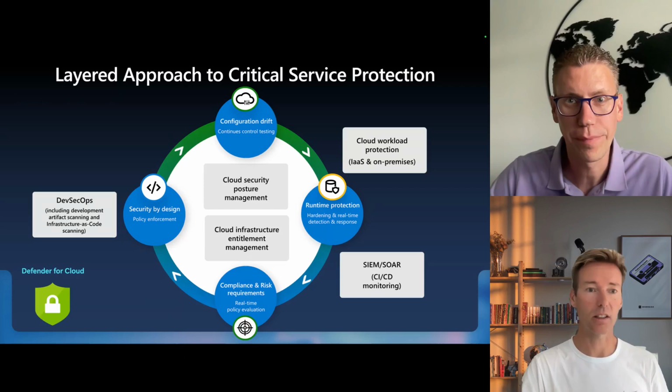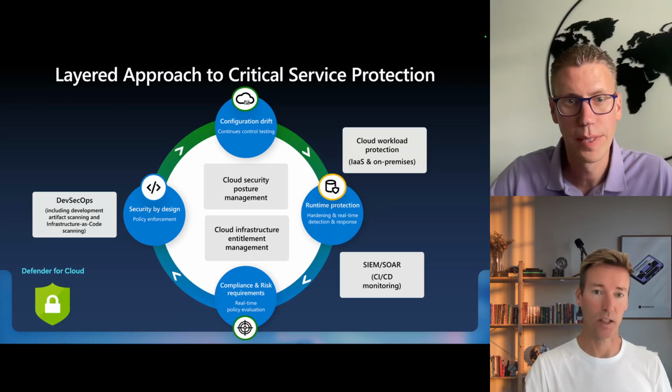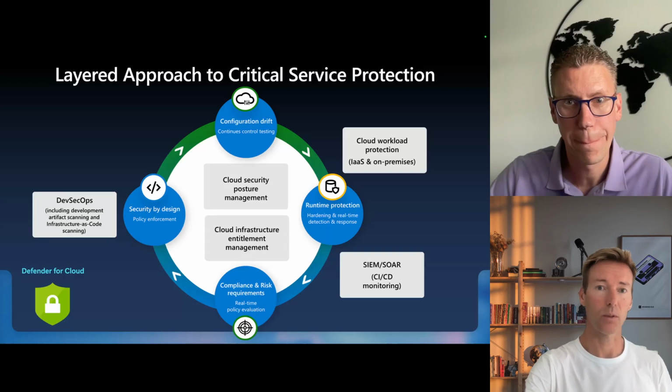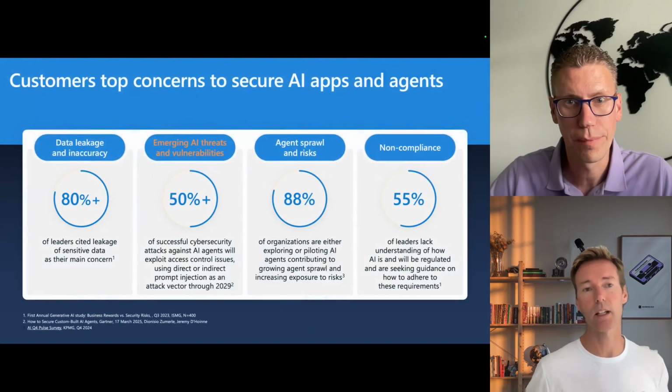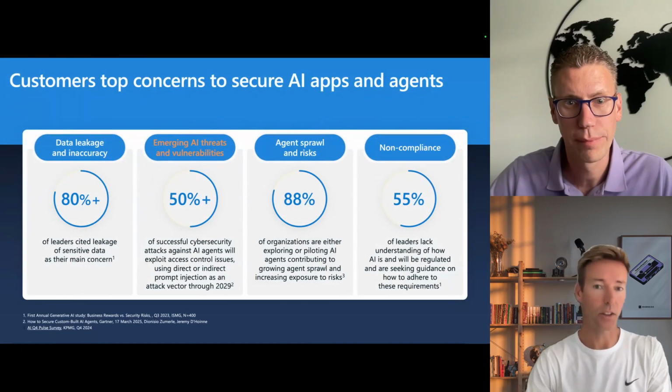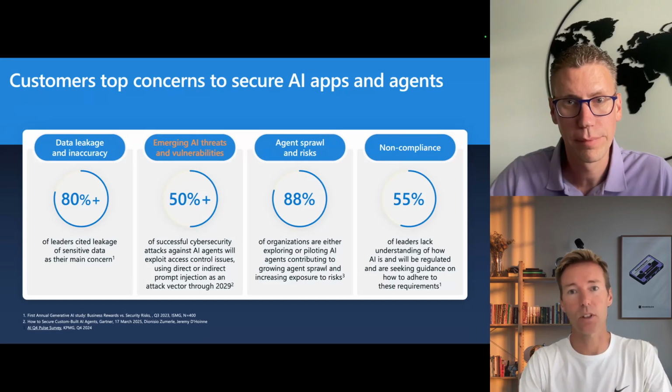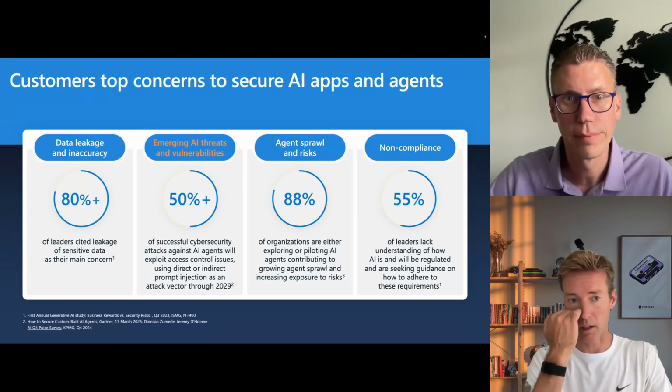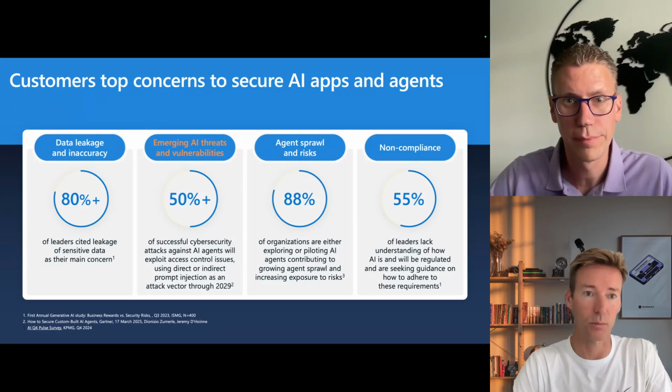So that is a little bit of an overview of Defender for Cloud all up. And then we will discuss a little bit why this is relevant for, let's say, the new AI capability, which are AI applications on Azure and non-Azure platforms.